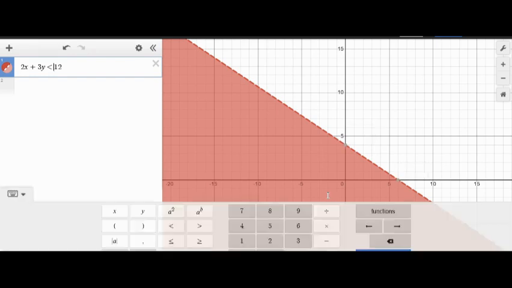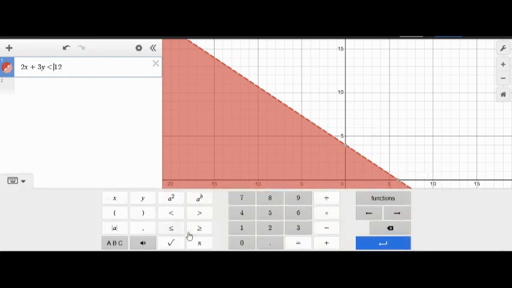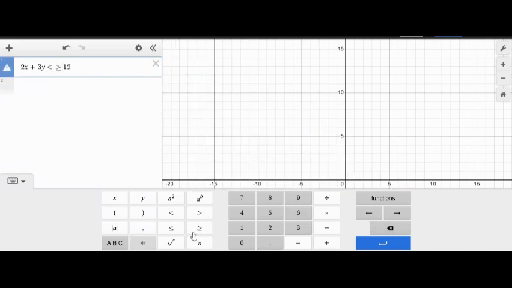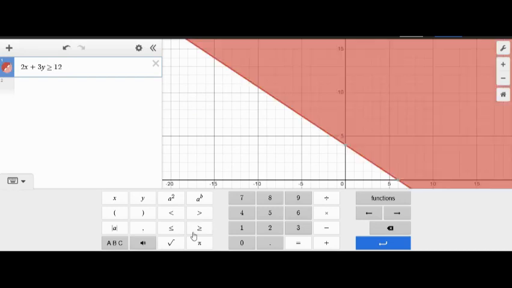If I was to change that symbol, and where's my backspace, and make it equal to, you can see now it has a solid line. Okay, so less than or equal to. If I change that once again to a greater than or equal to, oops, it didn't delete the backslash. There we go. So we're above the line. Okay, so it's a nice little free graphing software.